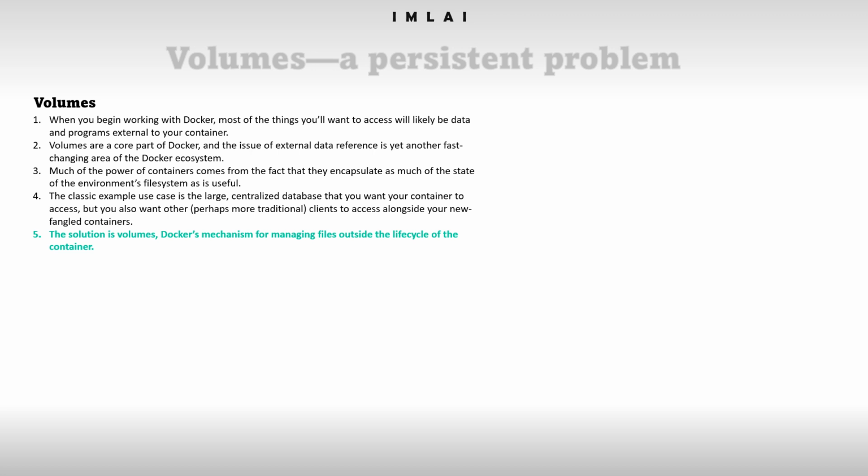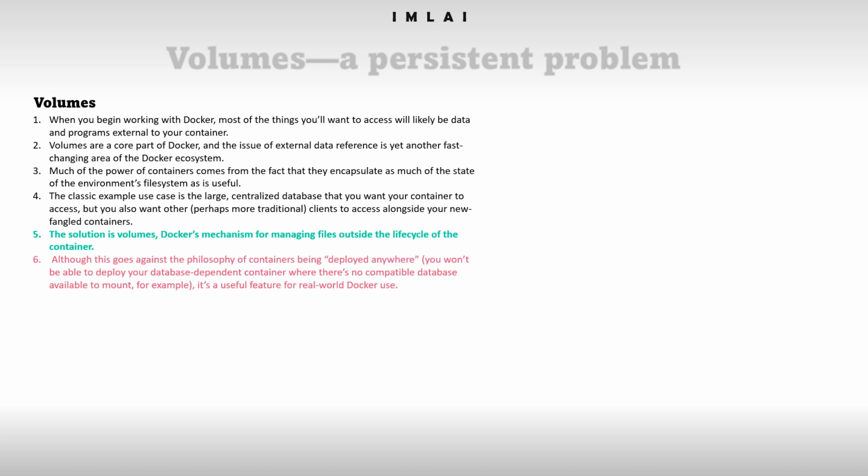Docker's mechanism for managing files outside the lifecycle of the container is volumes. Although this goes against the philosophy of containers being deployed anywhere, since you won't be able to deploy your database-dependent container where there is no compatible database available to mount, it's a useful feature for real-world Docker use.